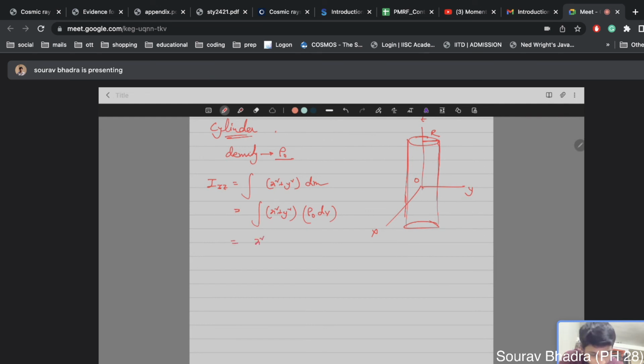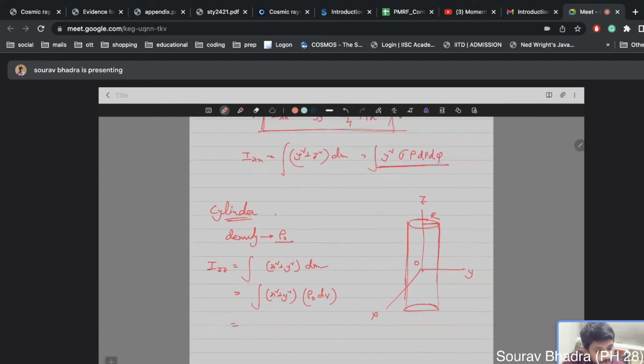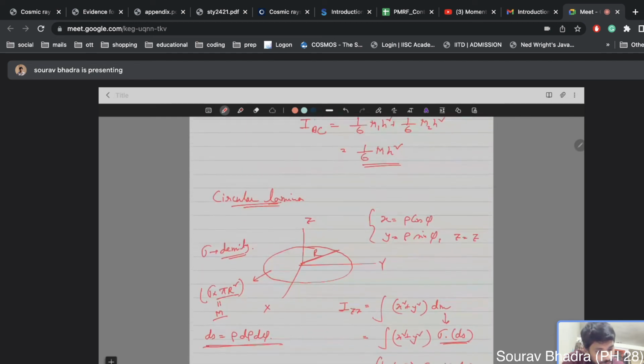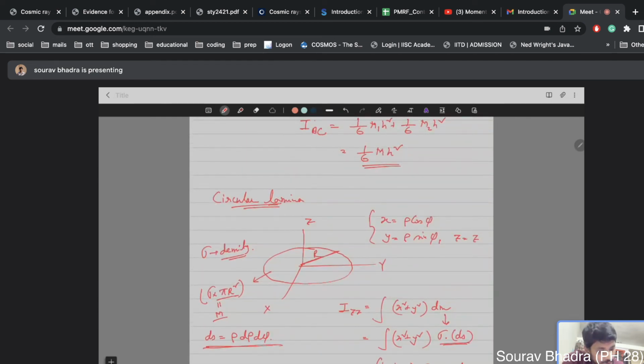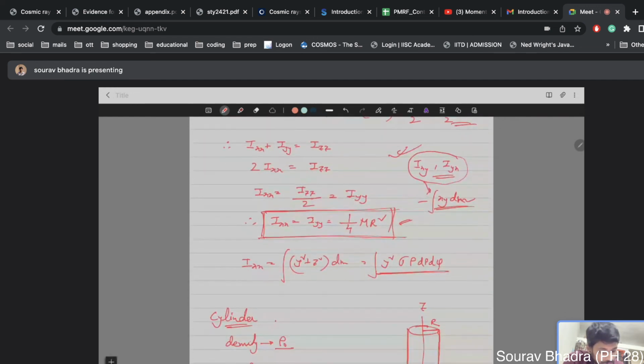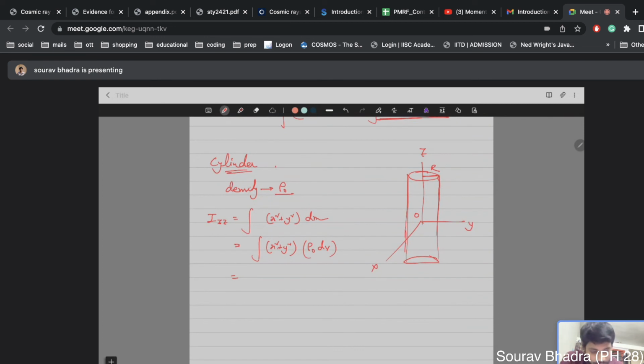The same coordinate transformation we will use: x equals rho cos phi, y equals rho sin phi, and z equals z, because we are going to cylindrical coordinates. Then if you put all this, you will get rho square, and dV is rho d rho d phi dz.